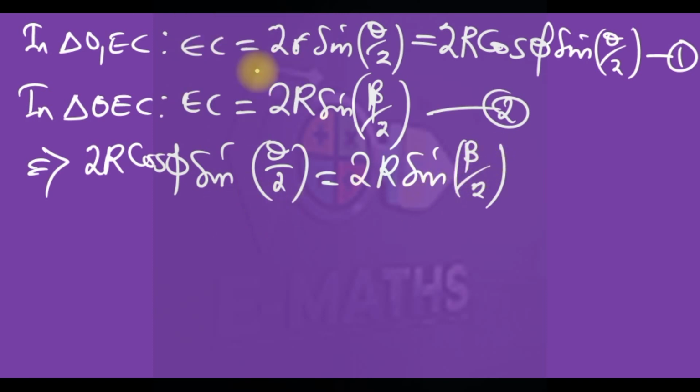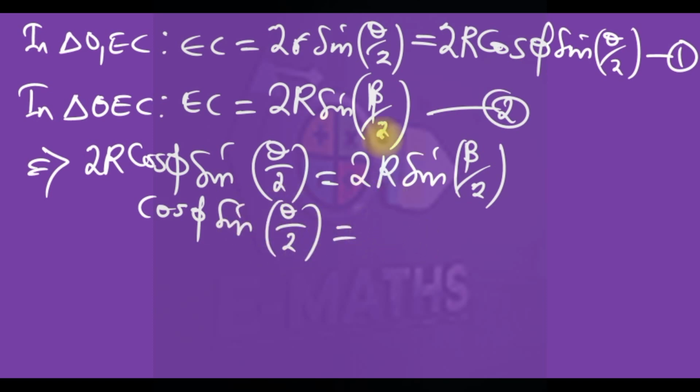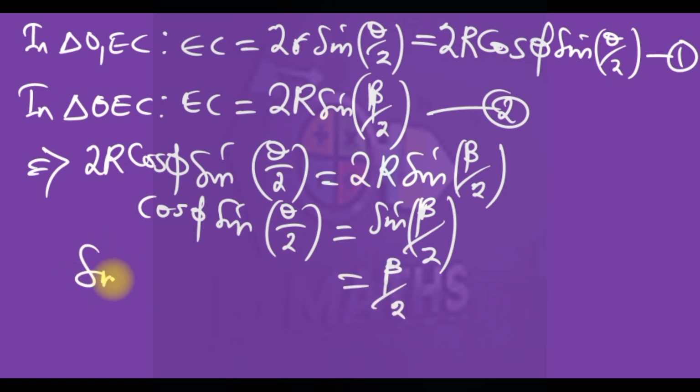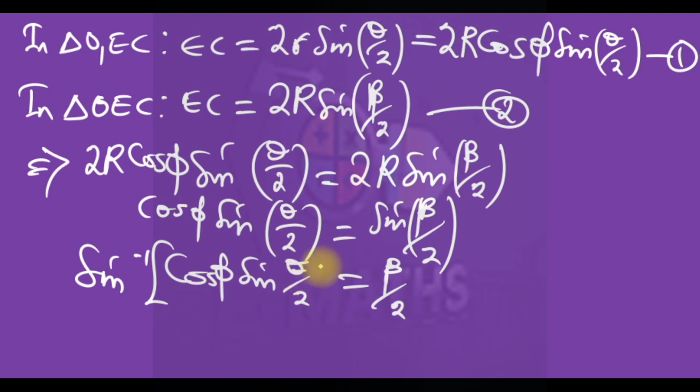So let's find beta. Dividing both sides by 2r, I have cos phi sine theta over 2 equals sine beta over 2. Making beta the subject of the formula, remember this is beta over 2, so beta over 2 is arc sine, or sine inverse, of cos phi sine theta over 2.